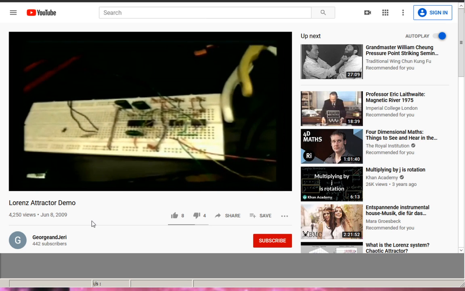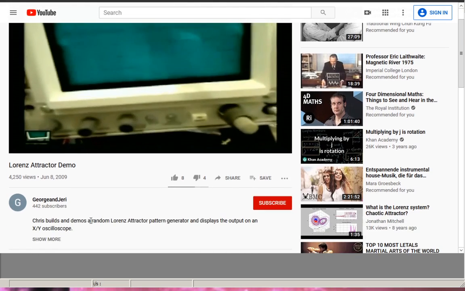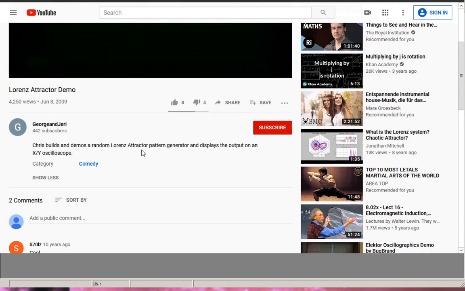I used Analog Devices, I think it's AD633 multipliers with quite large capacitors. It produces this fairly slowly moving spot. It's on an XY display. That's why it doesn't look like a standard oscilloscope trace, because one of the voltages in the circuit controls the X and the other one controls the Y.